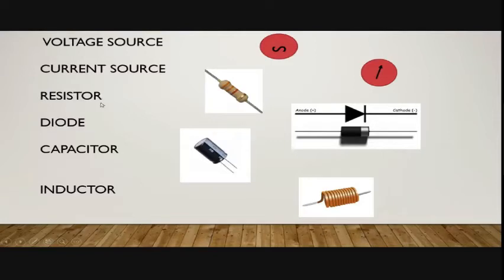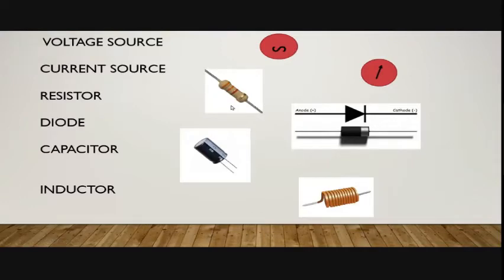It means that the value of this resistance is not going to change the value of the voltage. That means the voltage is going to remain constant, or the energy in the circuit is going to remain constant. That is why it is called a passive circuit element.